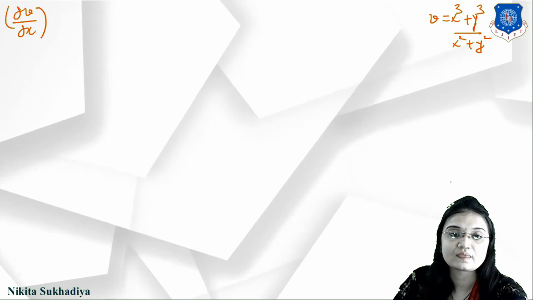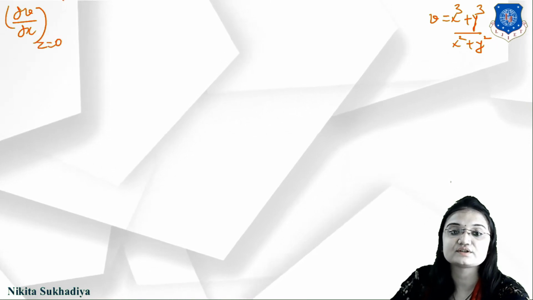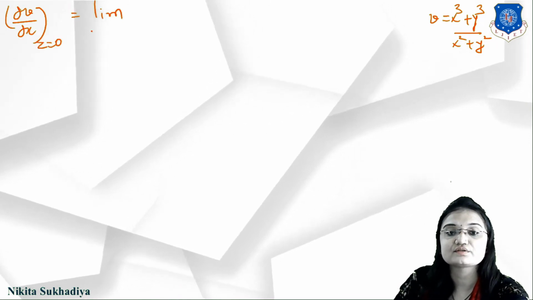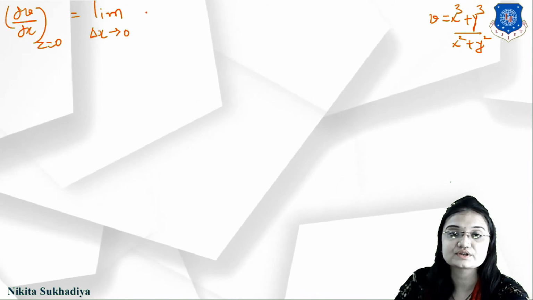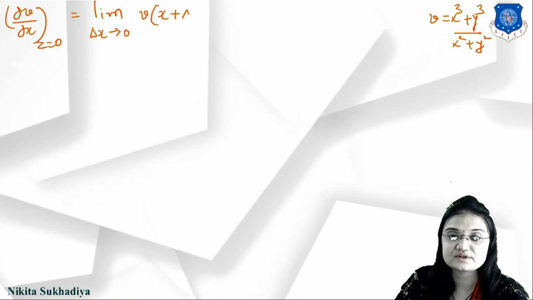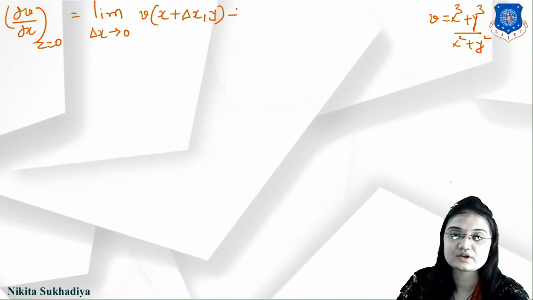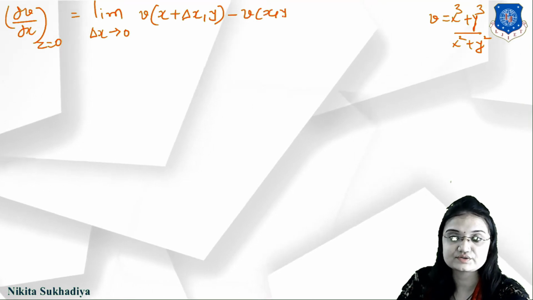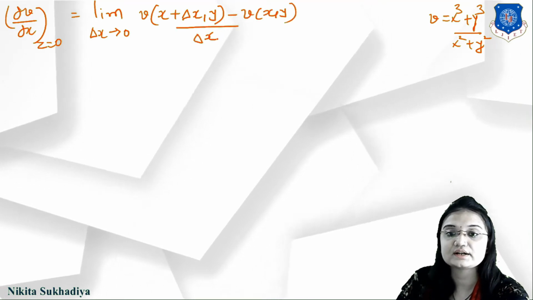Okay, now next here we have v is equal to x cube plus y cube upon x square plus y square. So del v by del x at the origin z is equal to 0. So we have limit Δx tends to 0, v(x+Δx, y) minus v(x, y) upon Δx.